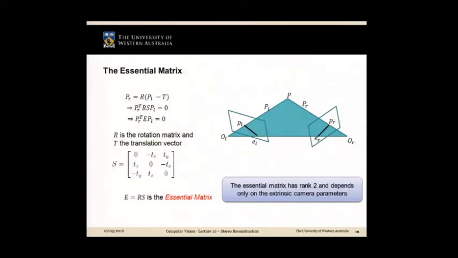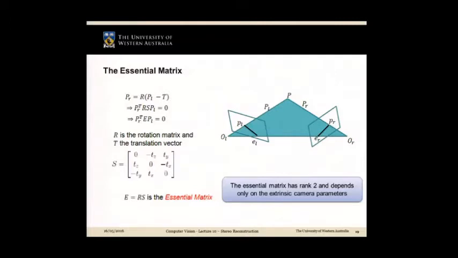Now, this first expression can also be written as P_R transpose R times S P_L equal to 0, where matrix S is given by this. This T is basically a vector, right? It's a 3 times 1 vector, or 2 times 1 vector in 2D, but here it's a 3 times 1 vector because we have X, Y, and Z. We're talking about depth now.